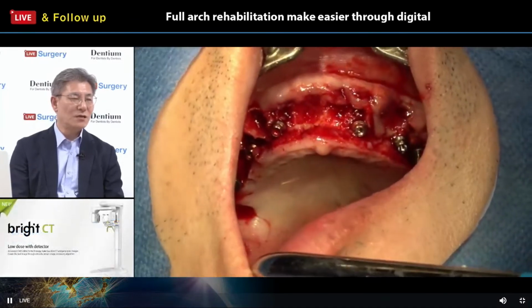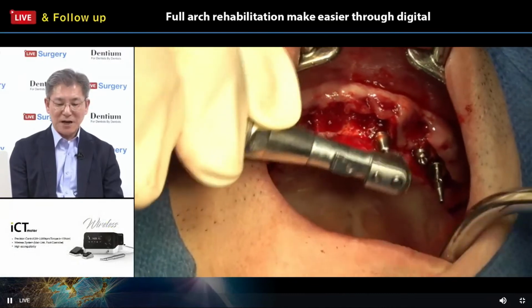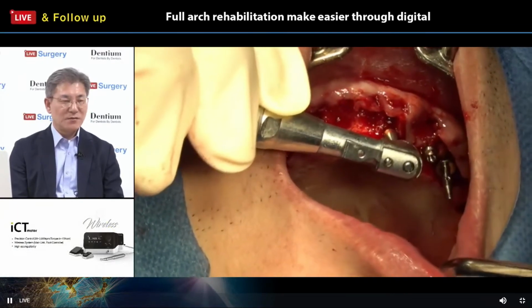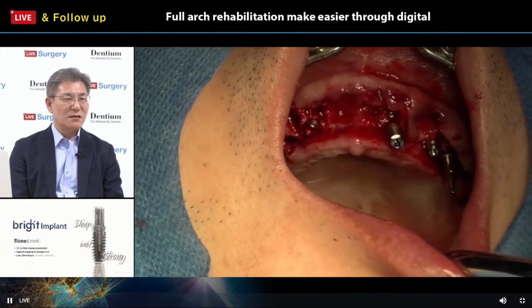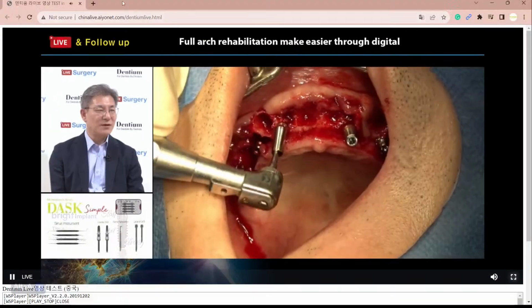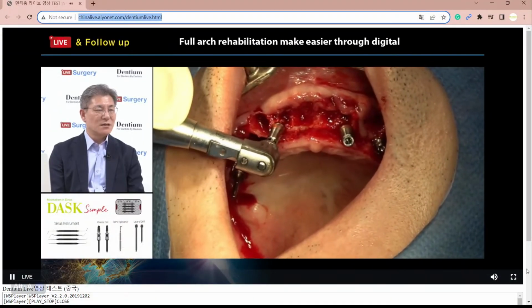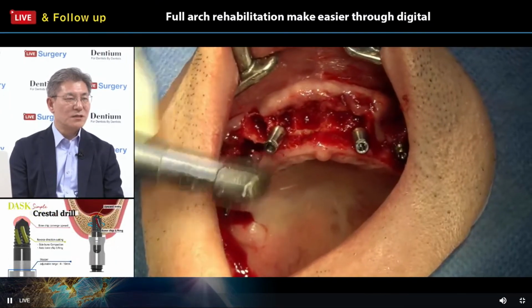However, we need two more implant installations, actually number 25 and number 15. Number 15 area involves the maxillary sinus. Dr. Chung needs to have a sinus procedure.